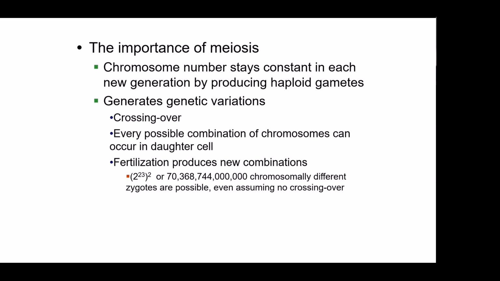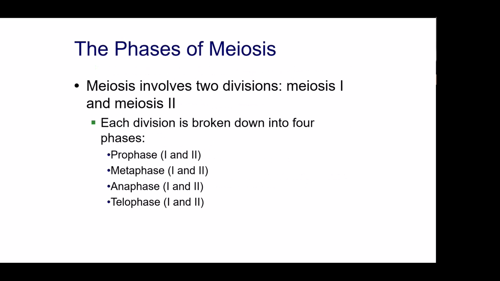That's just within one individual. Then when you take those variations and combine them in fertilization with all of the combinations from the other individual, you can have quite a bit of new variation within the species.